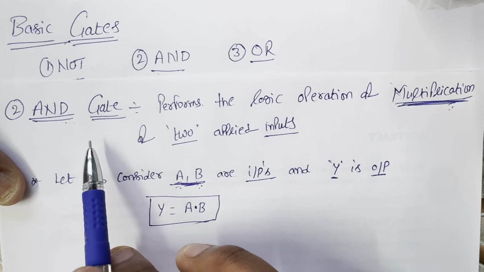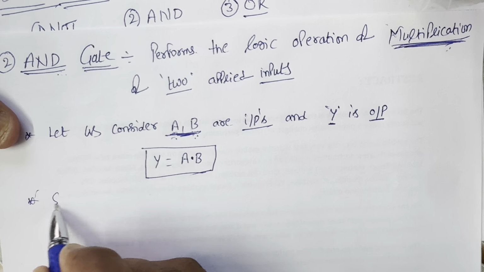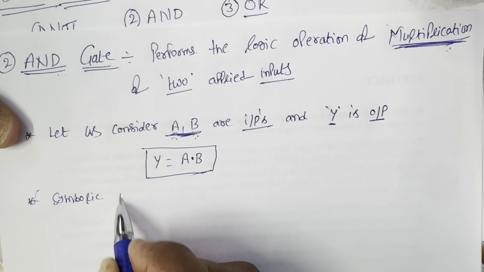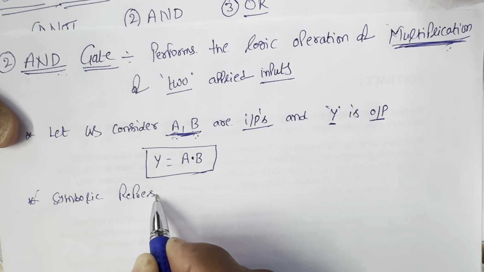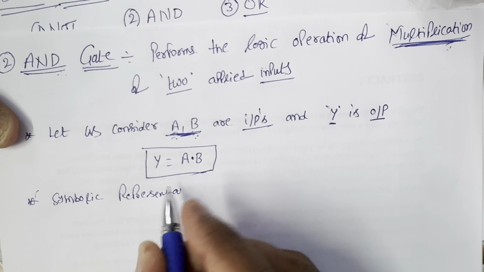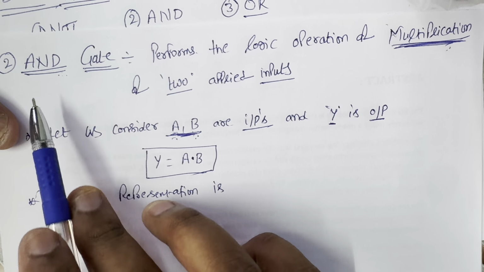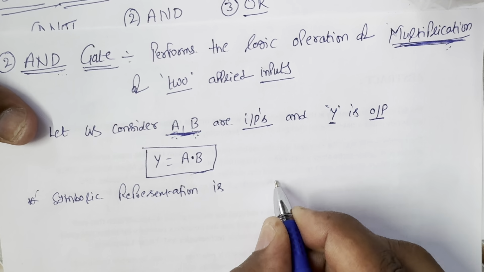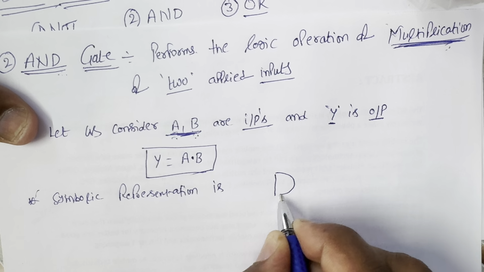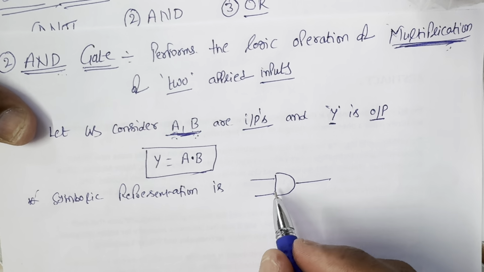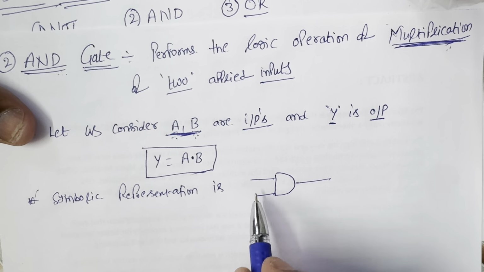And the symbolic representation. The AND gate can be symbolically represented like this. These two are the inputs and this is the output.